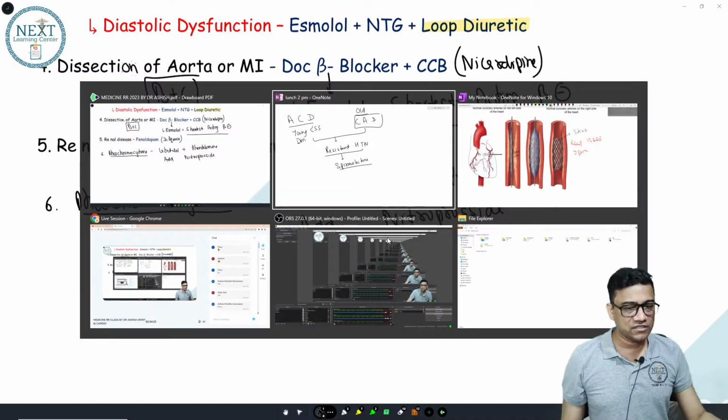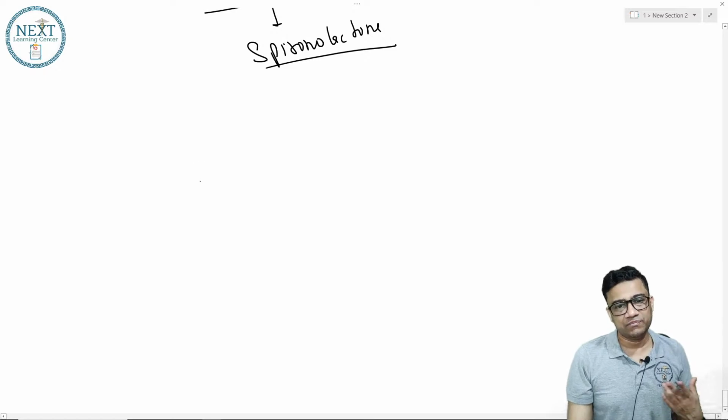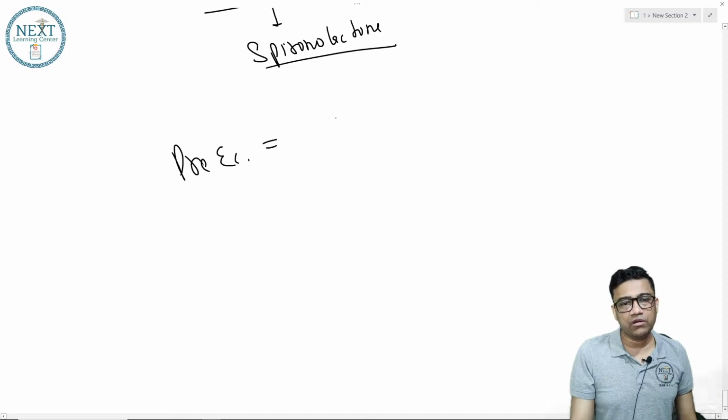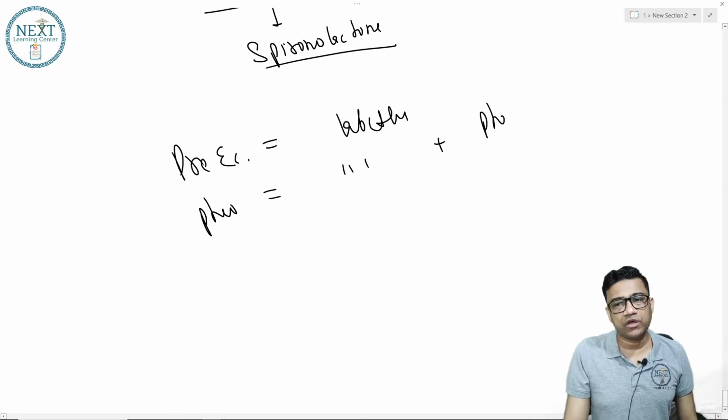So let's revise. What are the treatments? Remember, if it is preeclampsia, then labetalol. If pheochromocytoma, again labetalol plus phentolamine IV.